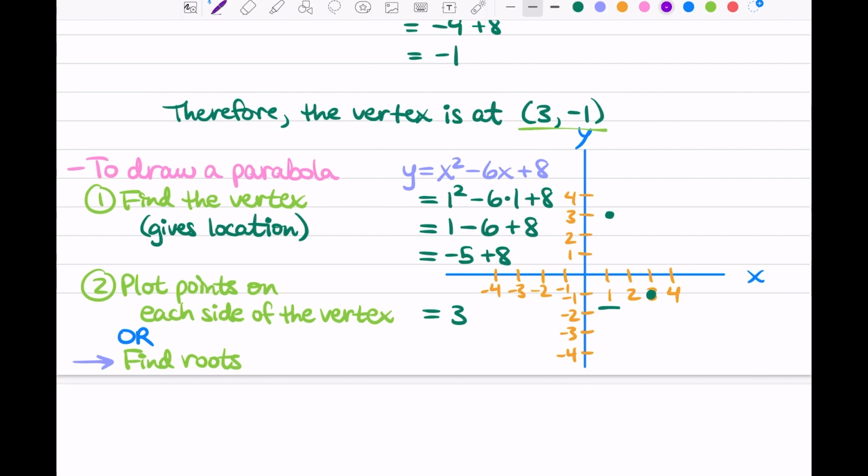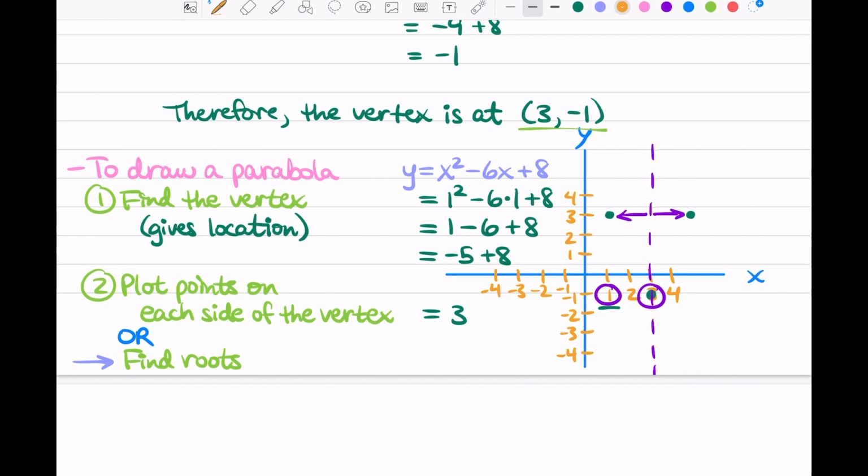And here's a neat trick for plotting another point. Remember, there's a line of symmetry going through the vertex. The point we just found is 2 steps away from the line of symmetry. The line of symmetry goes through x equals 3, and our point is at x equals 1. That means 2 steps away on the other side, there's another point on the parabola.